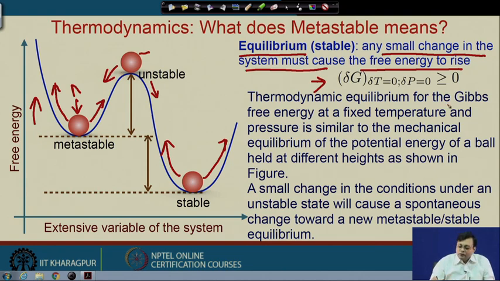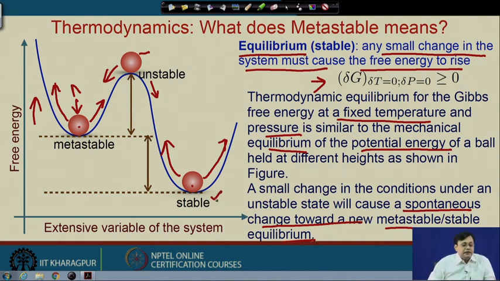So, thermodynamic equilibrium for the Gibbs free energy at a fixed temperature and pressure is similar to this mechanical equilibrium which I told here as a potential energy of a ball held at different positions. So, a very small change in the condition under an unstable state will cause a spontaneous change towards a new metastable or stable equilibrium.